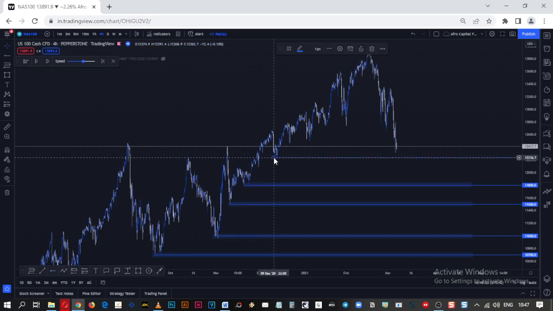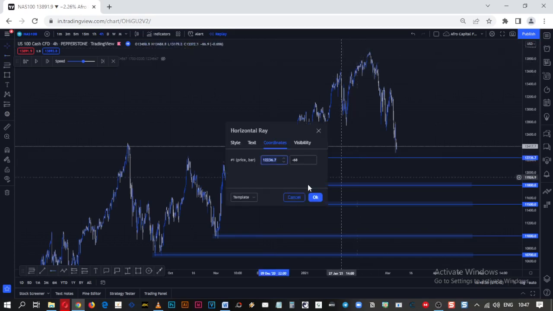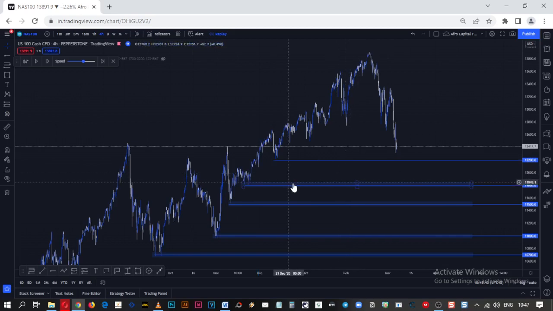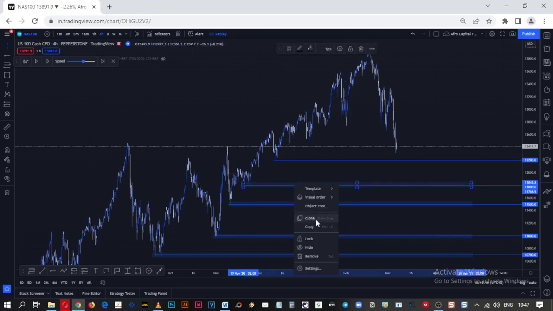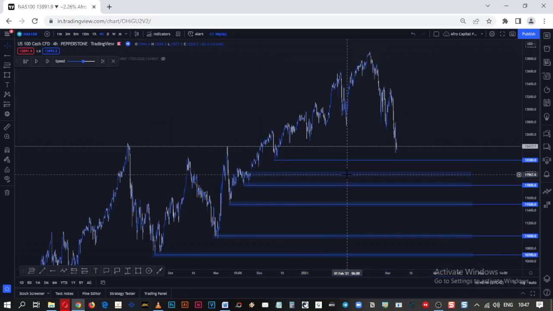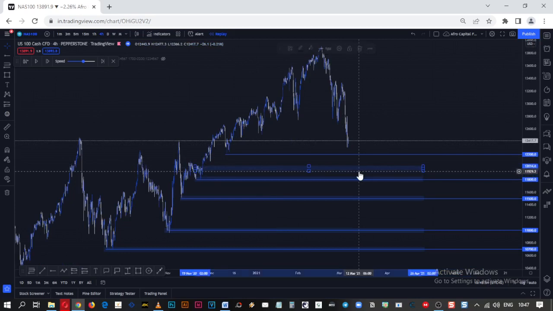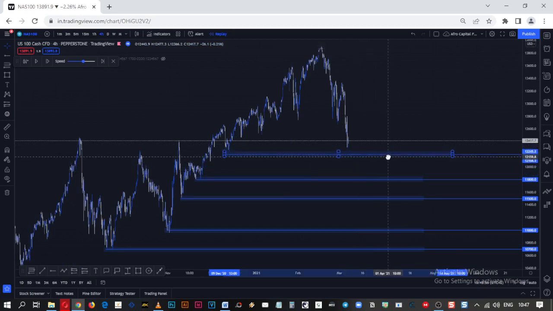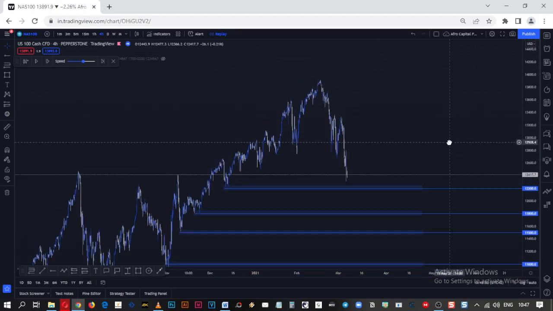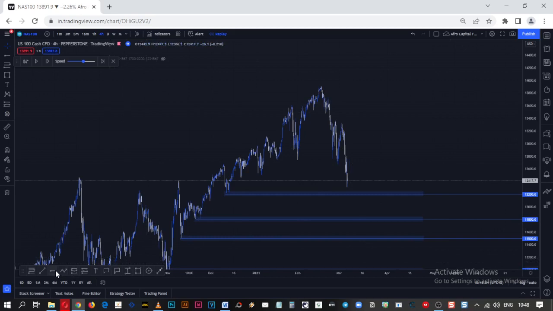But we will see once the market opens, and I'll try to show you in future videos how to plot your alerts as well, because you find that sometimes you're not monitoring the markets, and then price practically reaches the level which you are looking for.